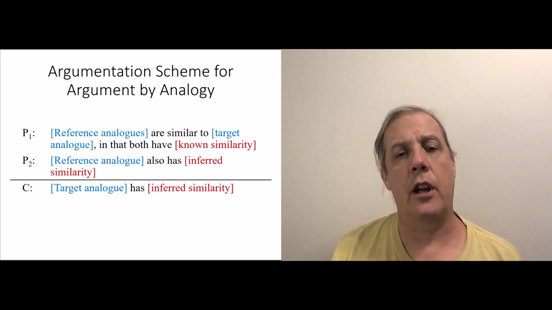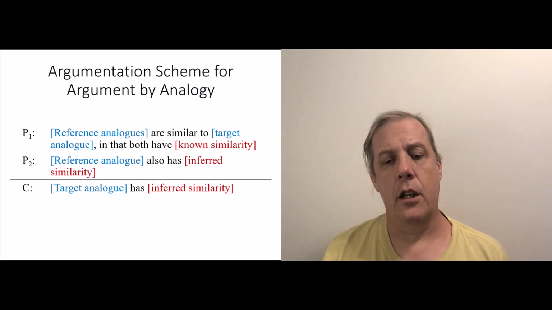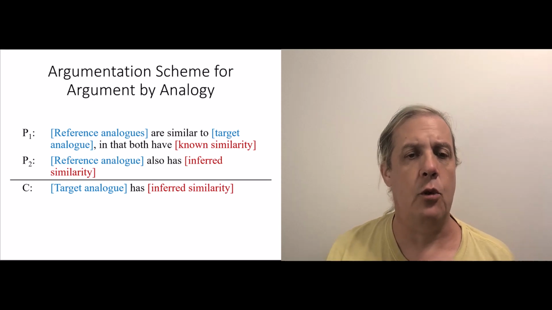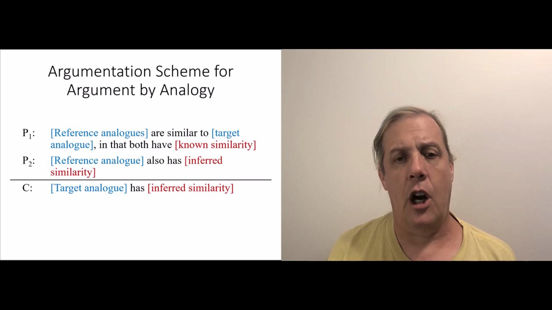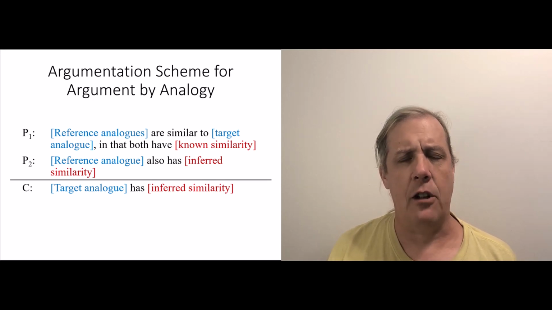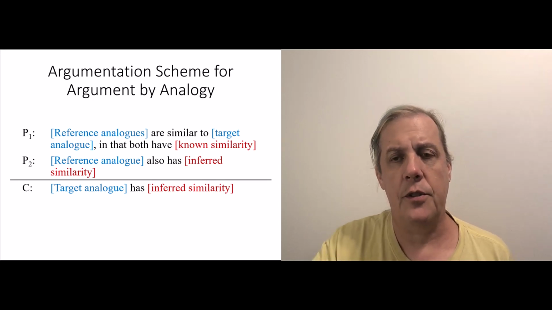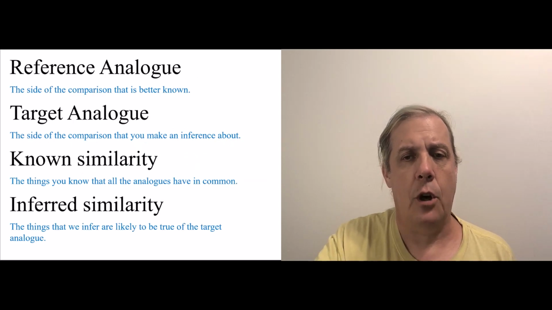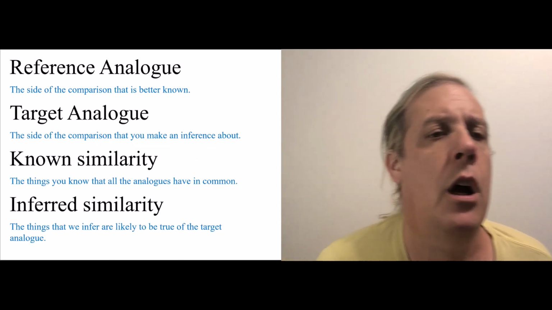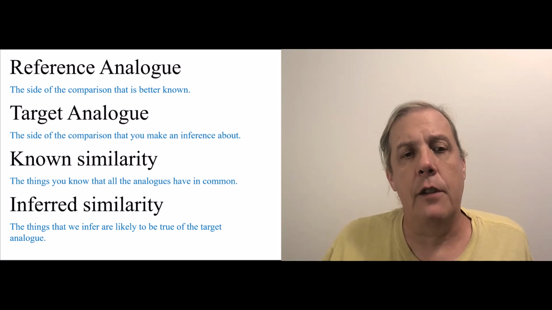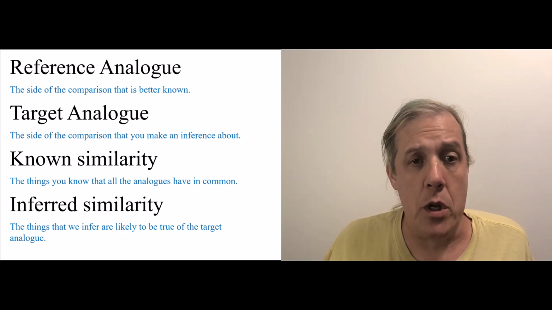So all we've done there is taken general names for the things that were in the previous argument. Rats, humans are biologically similar. Saccharin causes cancer in them. All right, those are the two things. So the reference analog, just to summarize, is the side of the comparison that is better known.